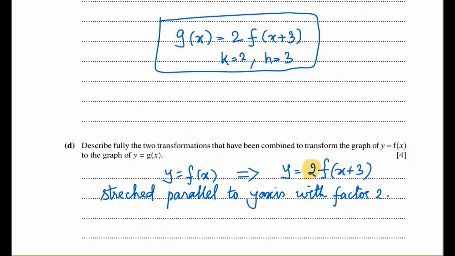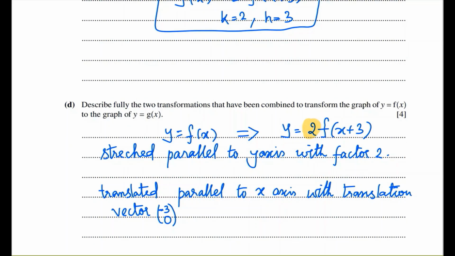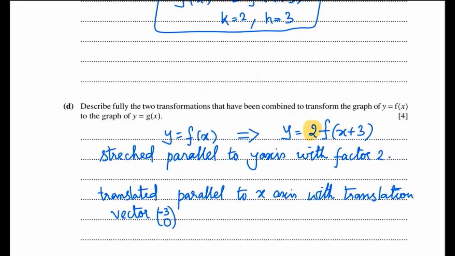Next, if you compare f of x and f of (x plus 3), plus 3 has been added, so it got translated along the x-axis with the translation vector (negative 3, 0). So translated parallel to the x-axis with translation vector (negative 3, 0).